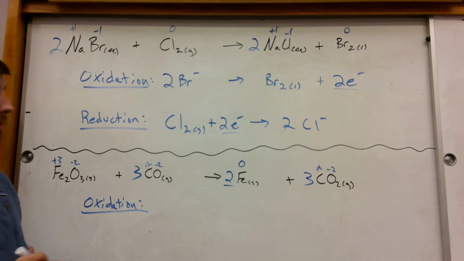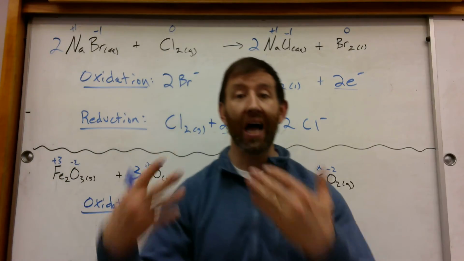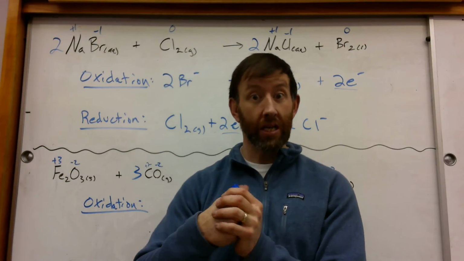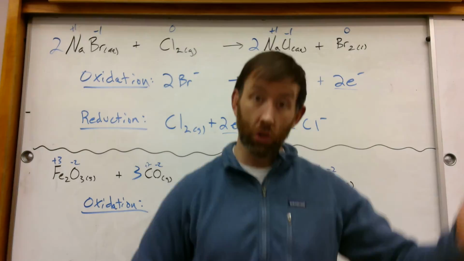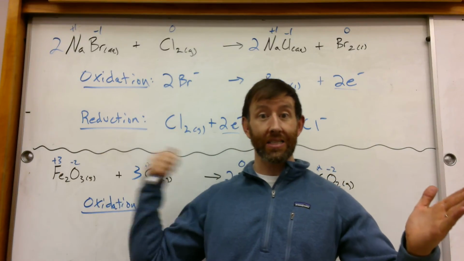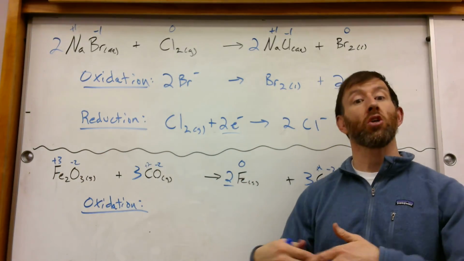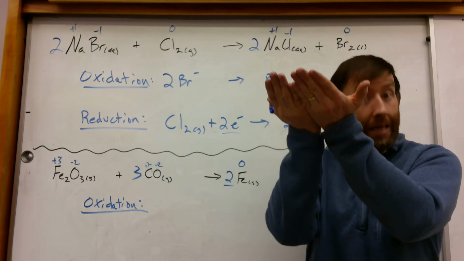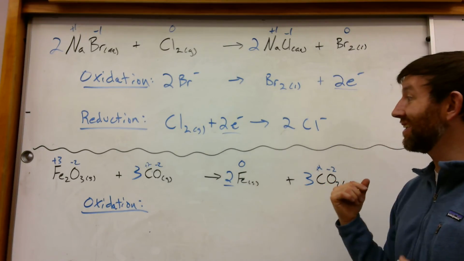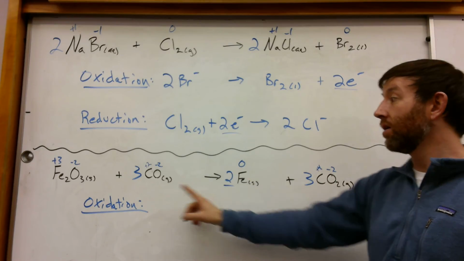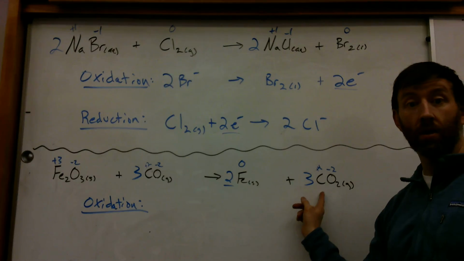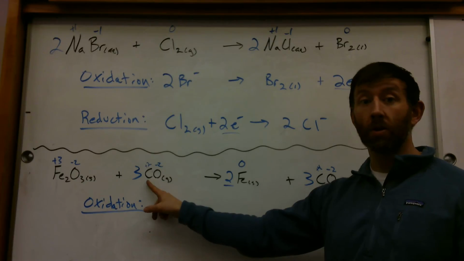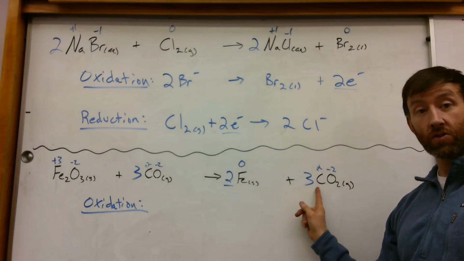Remember, oxidation is loss. So for oxidation, we're looking for something that loses electrons, and the way we recognize that is because electrons are negative. If we lose electrons, our oxidation number increases. Does anything increase its oxidation number from the left side to the right side? And I'm pointing to it. Carbon goes from a +2 to a +4.